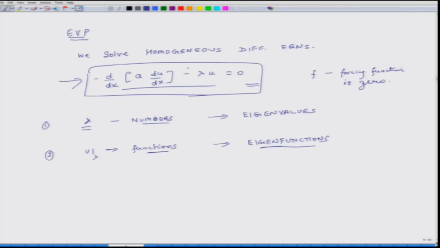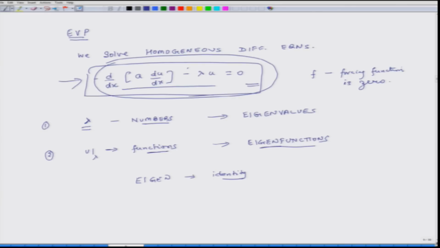And the last point I wanted to mention is that in German this term eigen relates to identity. It may not be the exact translation, but it relates to identity. Here there is no external force, so the behavior of the system is purely dependent on the internal characteristics of the system.